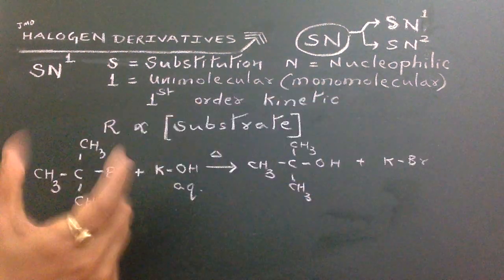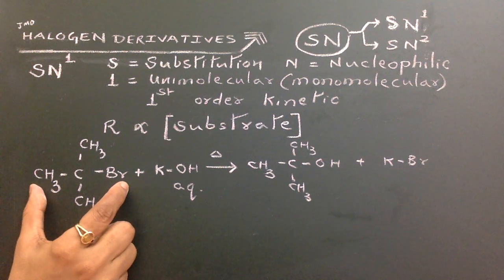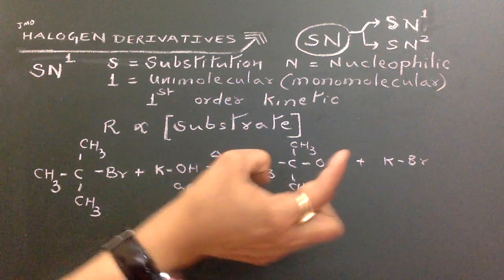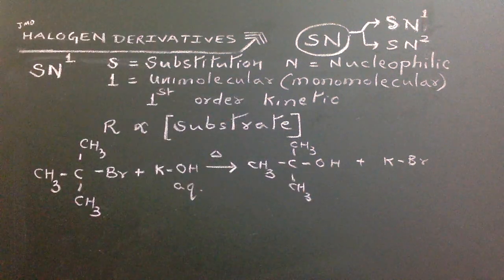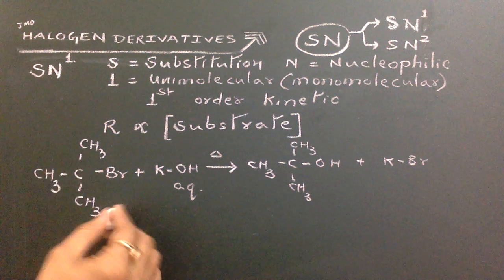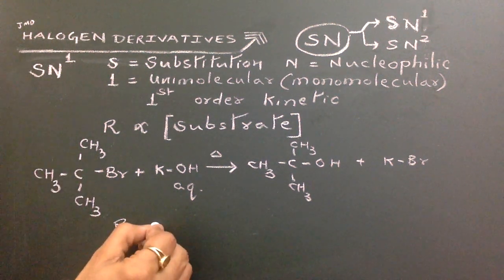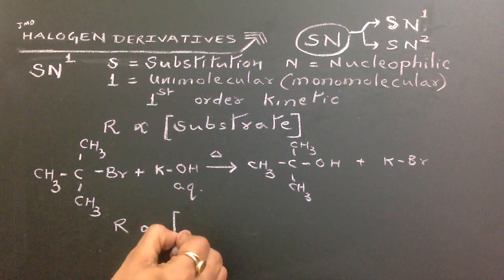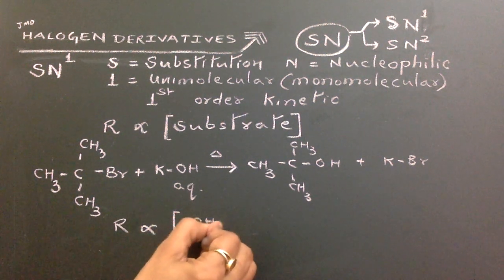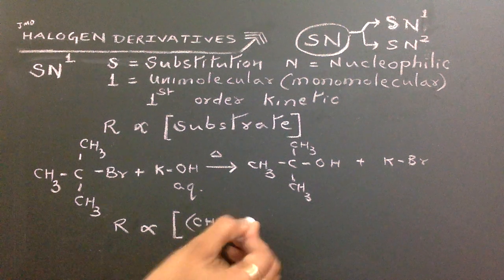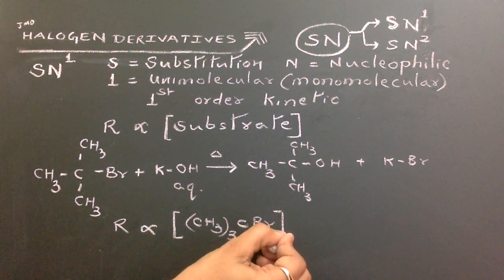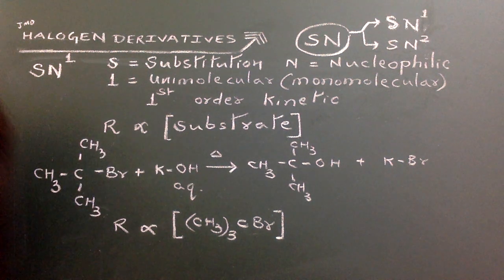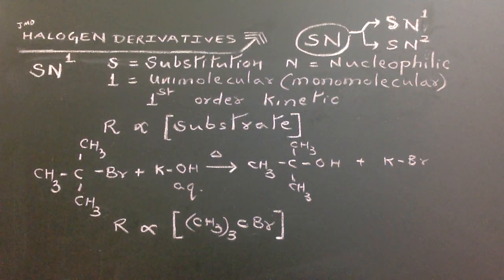So this is the substrate, 2-bromo-2-methylpropane. This is the reagent, this is the product, this is the byproduct, that is A plus B gives C plus D. So the rate of this reaction will be directly proportional only to the molar concentration of the substrate, that is tertiary CBr, the 2-bromo-2-methylpropane. We're just collecting the information right now.